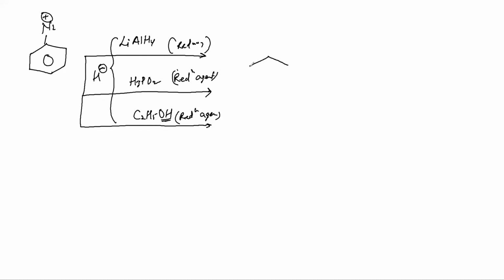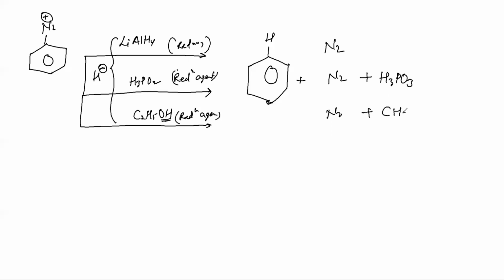It feels like they are giving us an H minus in this reaction. What will be the product? Benzene plus N2, of course. N2 will be there in all the cases. Now, H3PO2 will be oxidized to H3PO3, and C2H5OH will be oxidized to CH3CHO. Please note this as well.